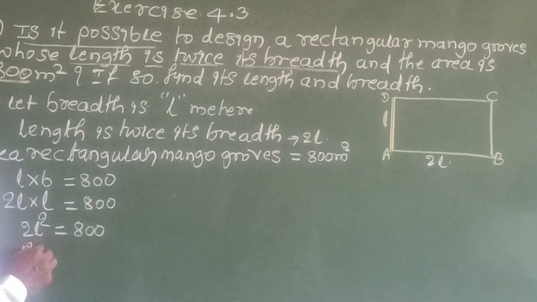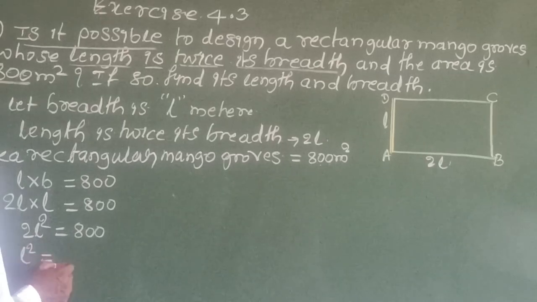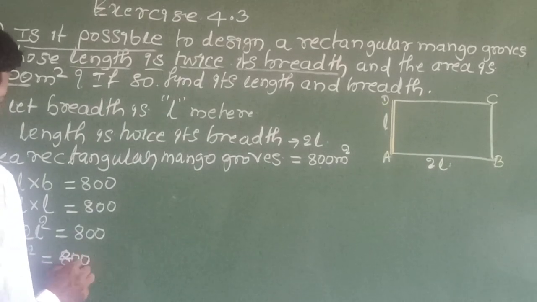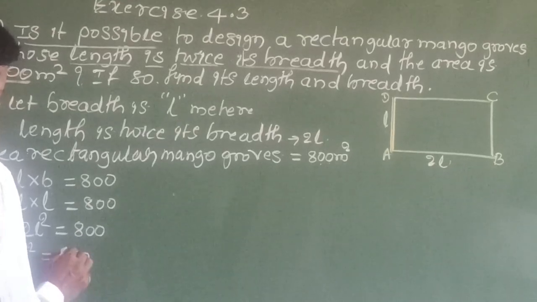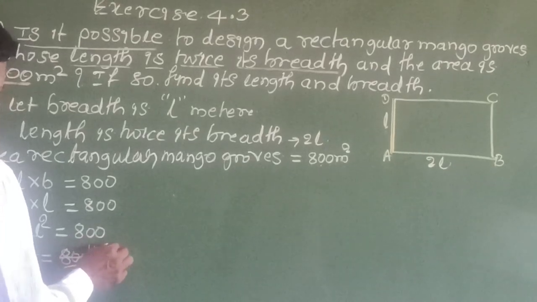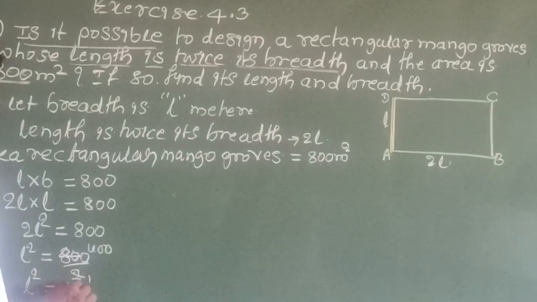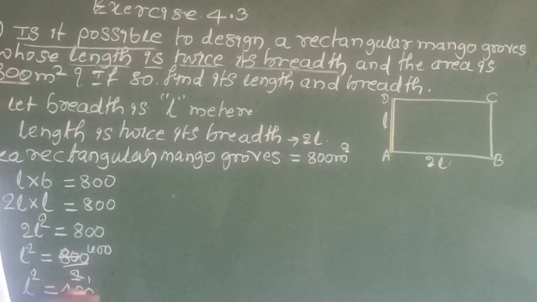L square equal to 800 upon 2, so L square equal to 400.